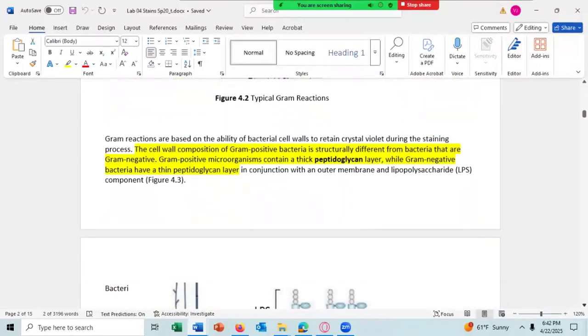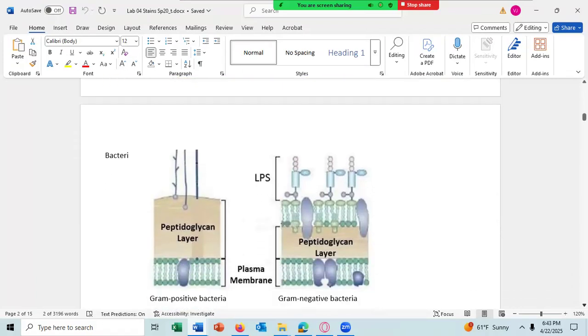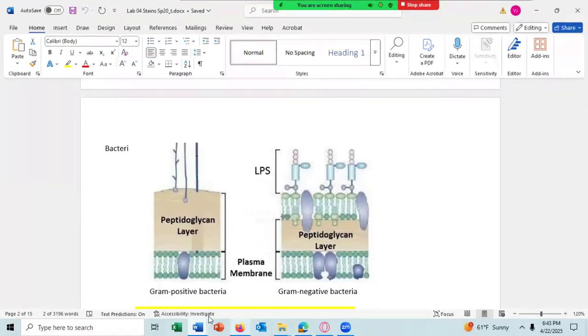The cell wall composition of gram-positive bacteria is structurally different from the gram-negative cells. Gram-positive microorganisms contain a thick peptidoglycan layer, while gram-negative bacteria have a thinner peptidoglycan layer. So here we're looking at the gram-positive cells, and there are the gram-negative cells.